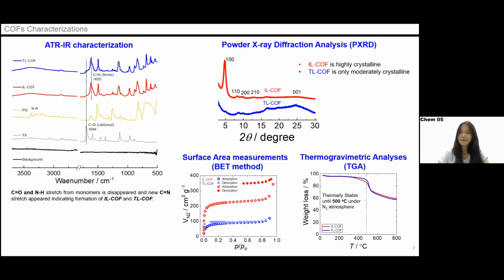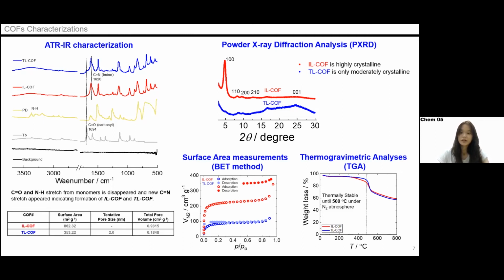From the surface area measurements using the BET method, both COFs were found to be porous. The measurement of surface area, tentative pore size, and the total pore volume are shown in the chart here. It shows that the IL COF has a bigger surface area than the TL COF.